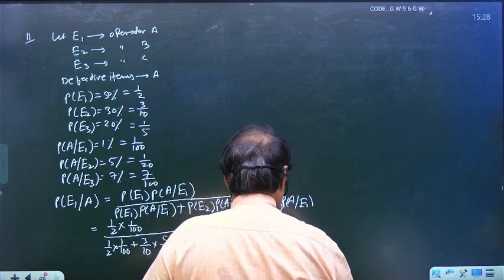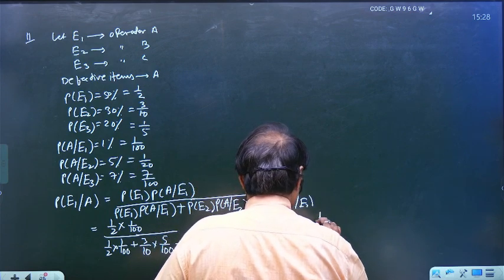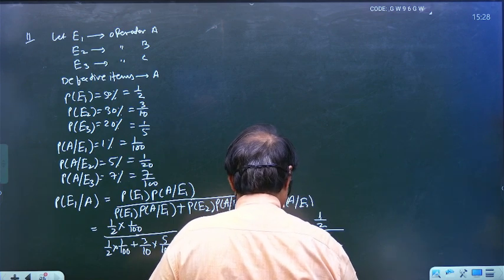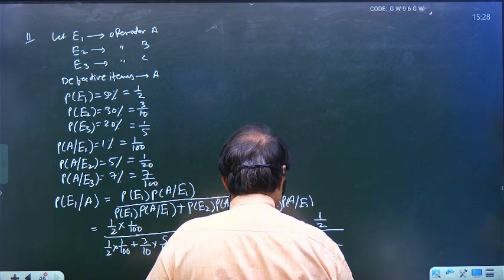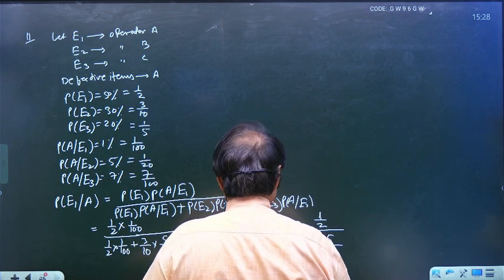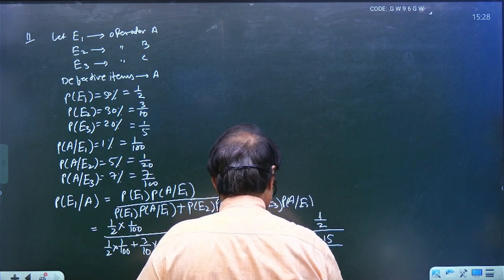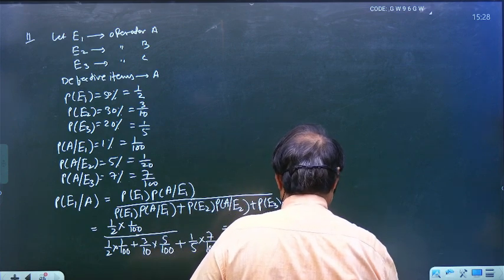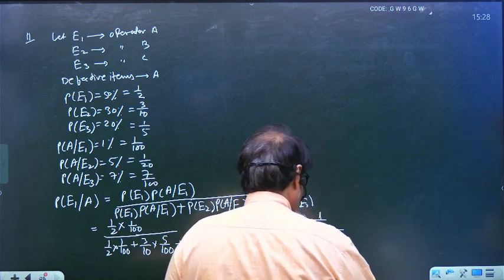So here 1 by 2 and the LCM will be 10. So 2 5s are 10 and 10 ones are 10 and 15, and here is 7 by 5. So 5 twos are 10, 7 twos are 14.